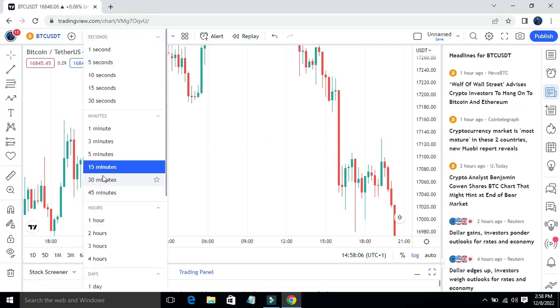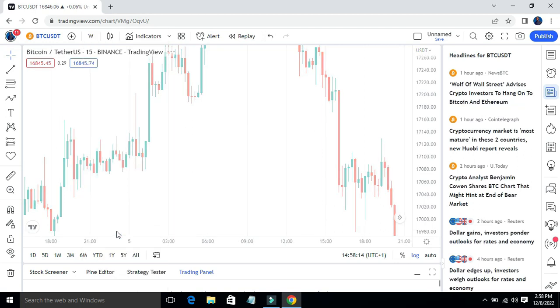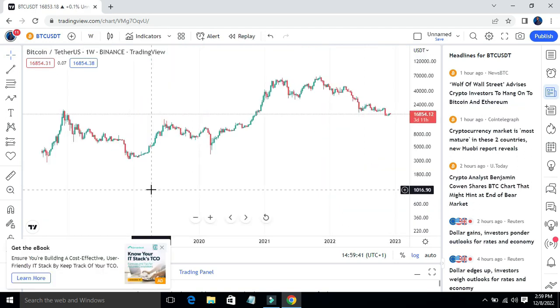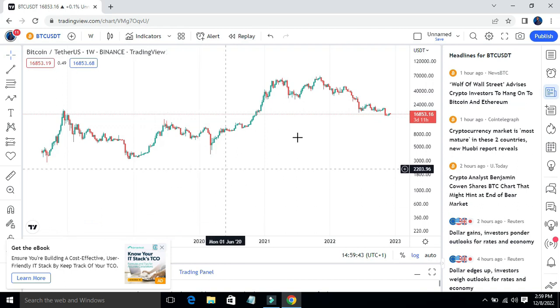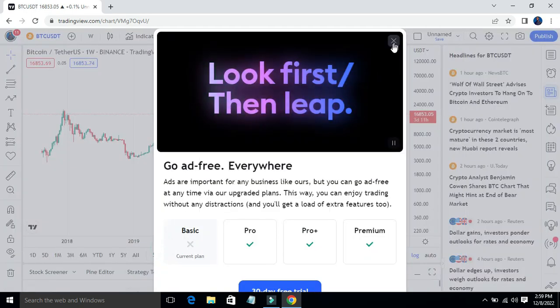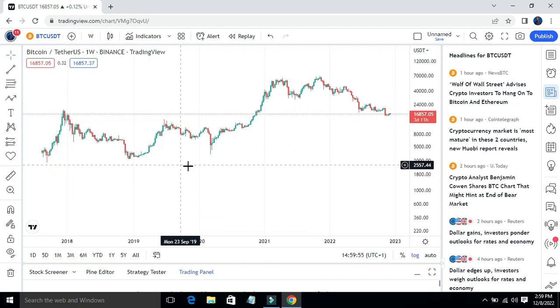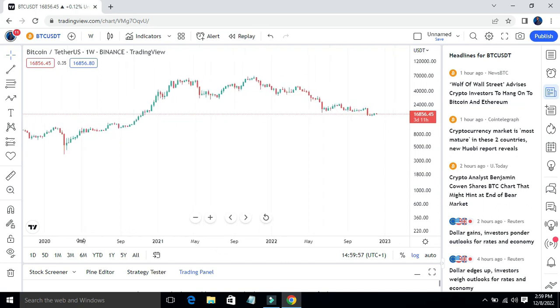Let's see how BTC has laid out in a weekly time frame. So I have switched over to the weekly time frame, and now you can see what BTC has done. Each candlestick here now represents 1 week.